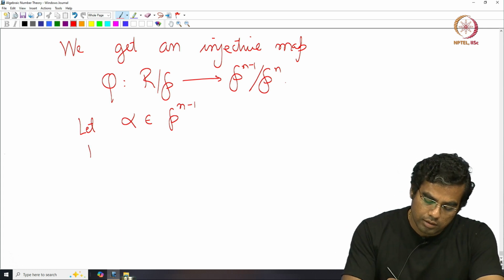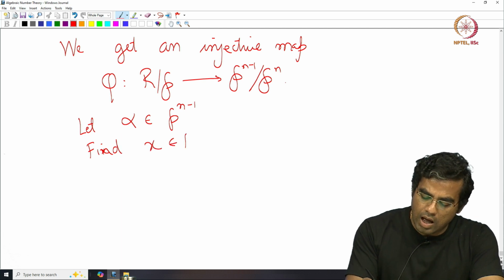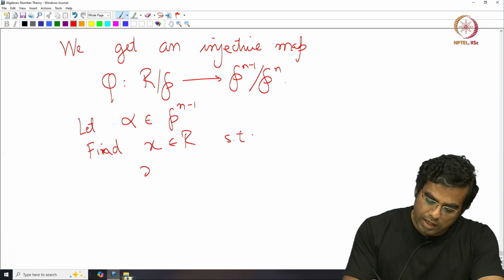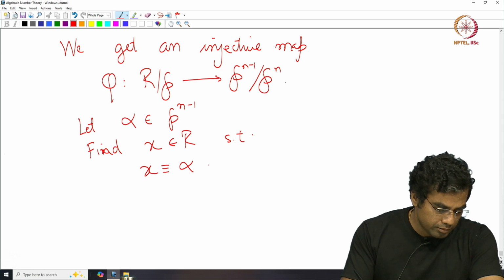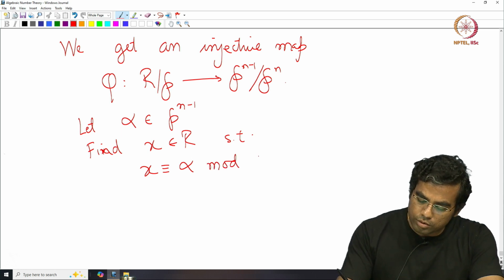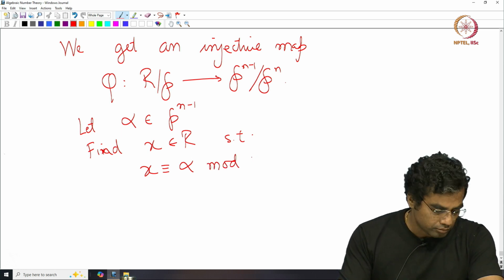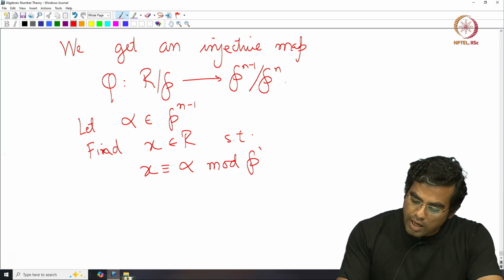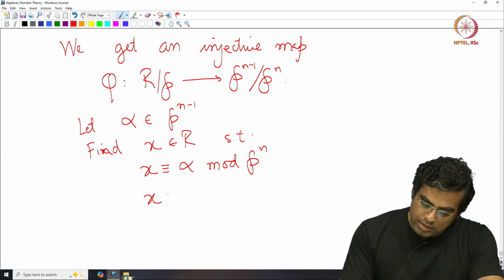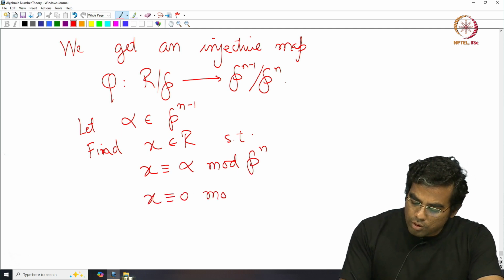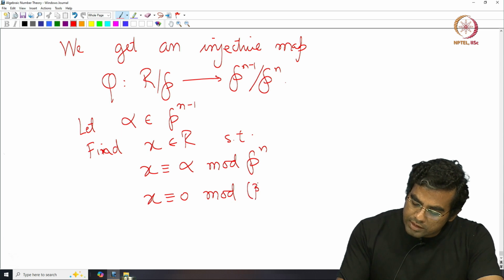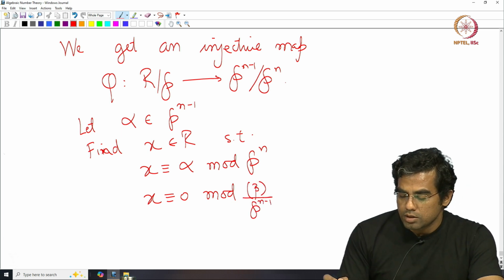So, we find x in R such that x is congruent to alpha modulo P^n, and x is congruent to 0 modulo the ideal generated by beta over P^(n-1).